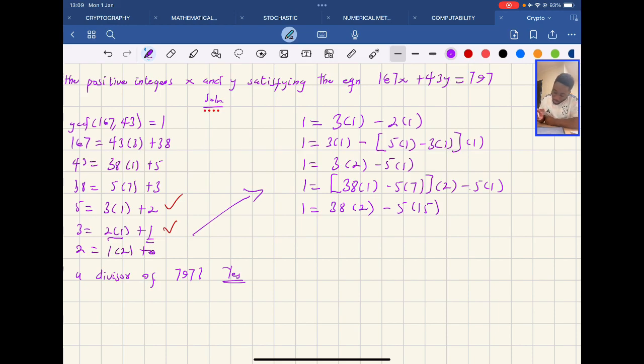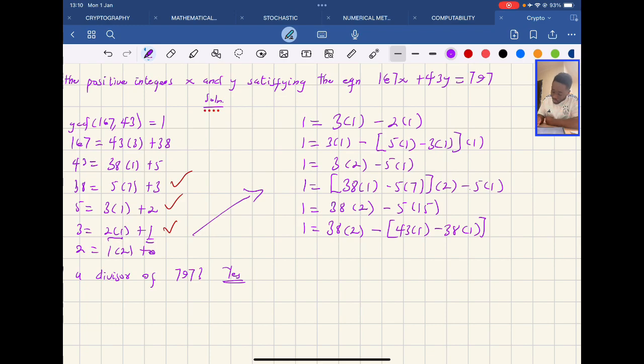Now, if you want to see if you are correct, 38 times 2 is 76. Then 5 times 15 is 75. So it's indeed 1. So we are also done with the third one. Now let's go to the fourth remainder, which is 5. Making 5 the subject, we are going to get 43 times 1 minus 38 times 1.